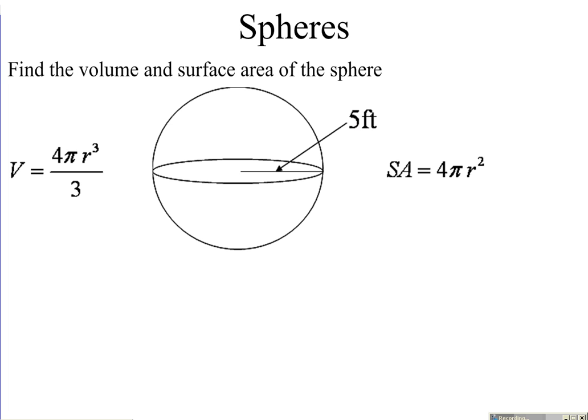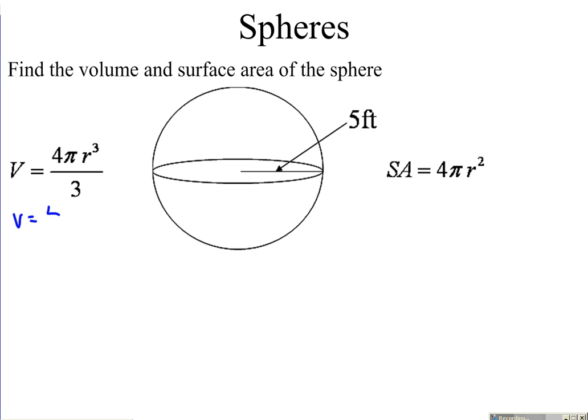To find the volume and surface area of a sphere, it's actually two pretty easy formulas. The only thing we need to know about the sphere is the radius. If I know the radius of a sphere, so the distance from the center of a sphere to any point on the sphere, then I can find the volume and surface area rather easily. Volume, 4 pi r cubed divided by 3.